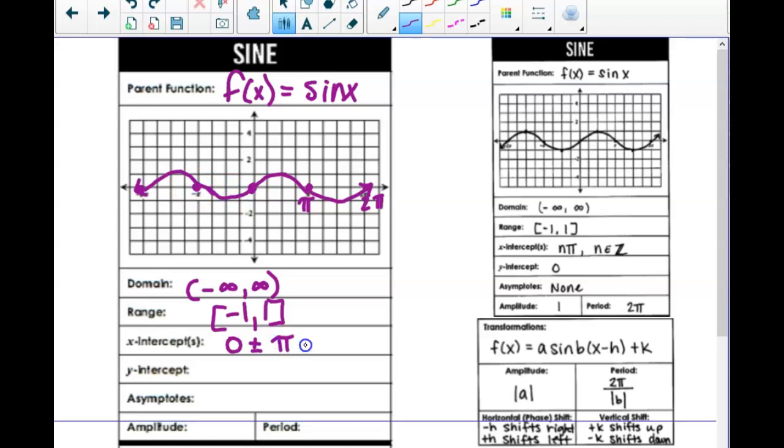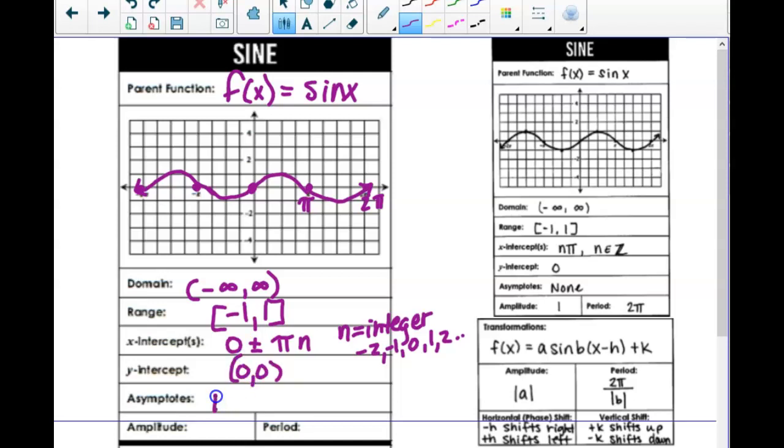Do you remember we talked about that very briefly one day before, n, where n is an integer? And an integer is like -2, -1, 0, 1, 2, and so on. So you can't add a half a pi and expect to hit an x-intercept. You got to add a whole pi. All right, so the y-intercept is just 0, 0.